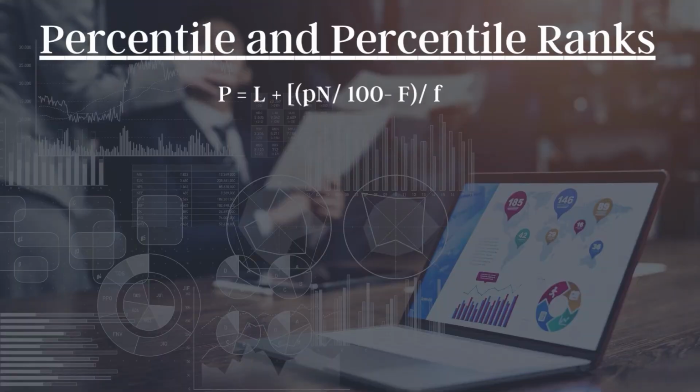Say for example, if a person has got a percentile of 10, that means 10% of the cases lie below that person's performance, and 90% are above that performance. So it actually categorizes into above and below groups. And there is no 0 percentile, there is no 100 percentile.